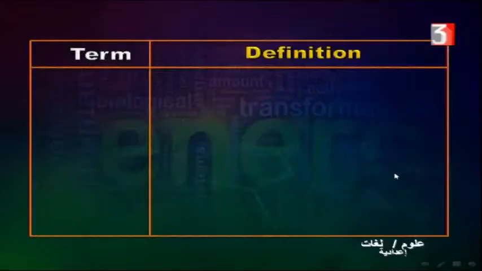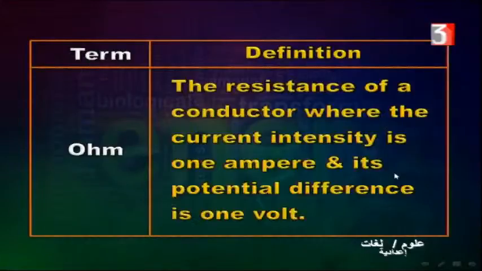Here we have definitions. Ohm is the resistance of a conductor when current intensity is 1 ampere and potential difference is 1 volt. In this case, we have electric resistance equal to 1 ohm.